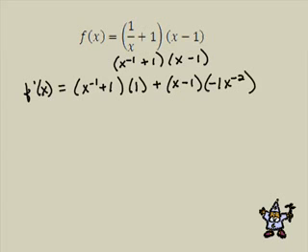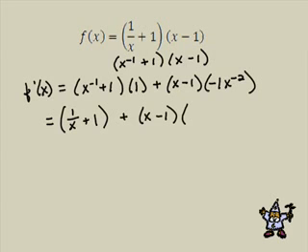Okay, so we want to simplify that. So we're going to write it as 1 over x plus 1. And this we're going to rewrite as negative 1 over x squared. Okay, so I'm going to get a common denominator here.